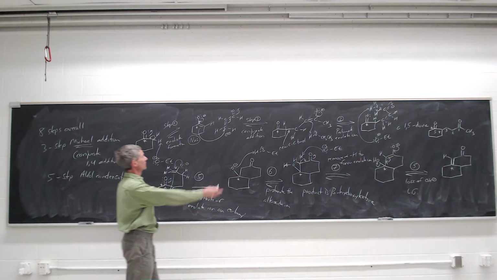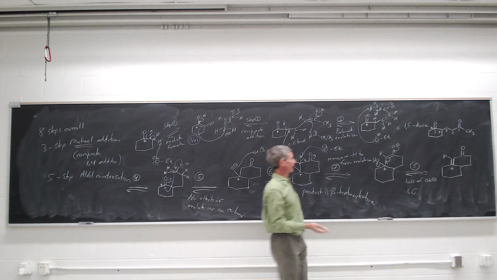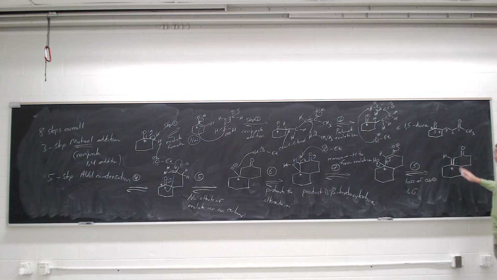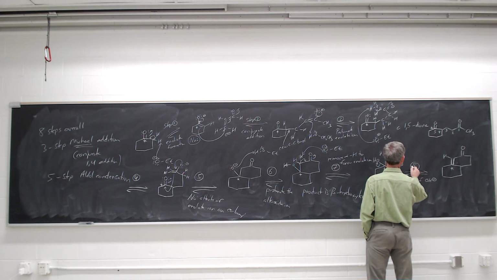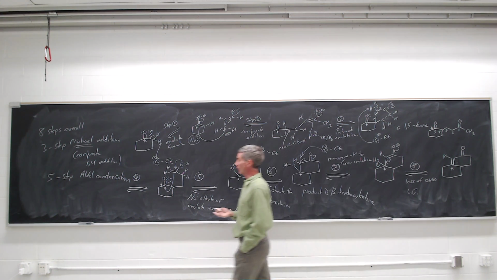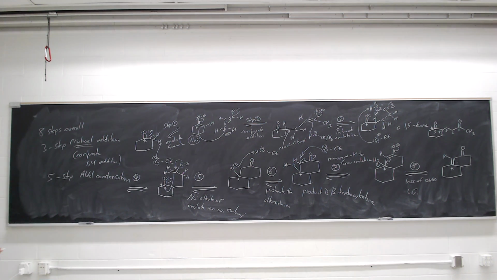So one alpha beta unsaturated carbonyl compound, a ketone, becomes a second alpha beta unsaturated carbonyl compound in the formation of another ring in the Robinson annulation. This is step 8, step 5 of the aldol condensation. So on the top of the board, we have the 3-step Michael addition: enolate formation, conjugate addition, and proton transfer to make a 1,5-dione.